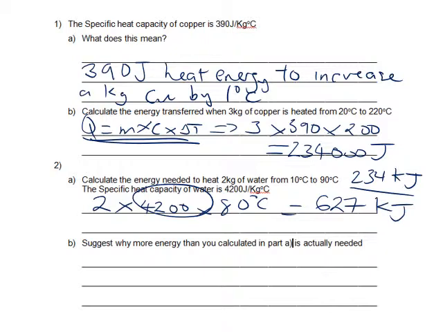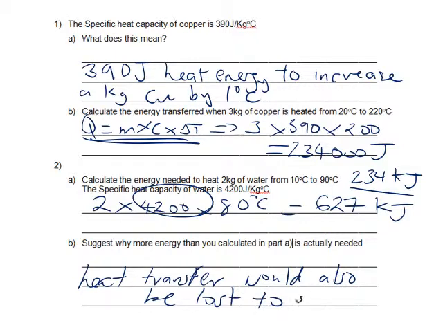Suggest why more energy than you calculated in part A is actually needed. Yep, because a lot of heat would be lost. Okay, so heat would be lost to the surroundings.